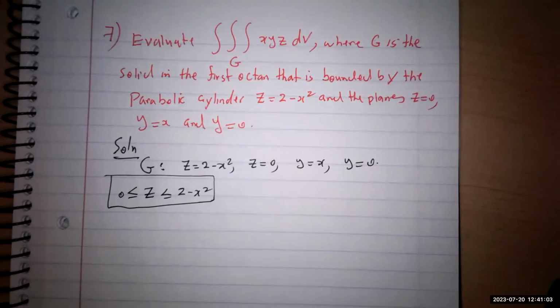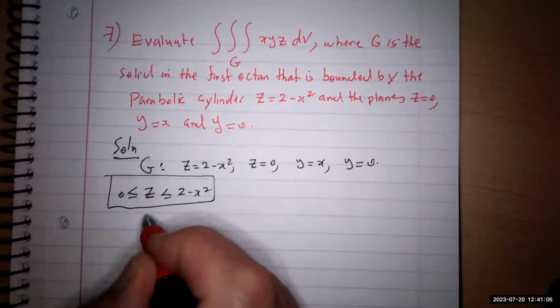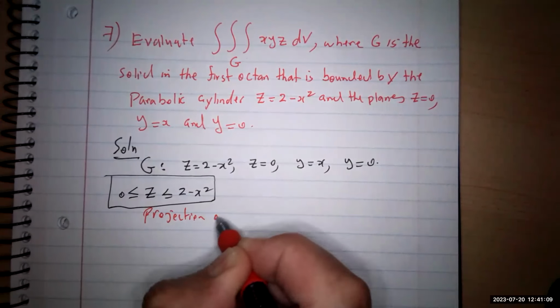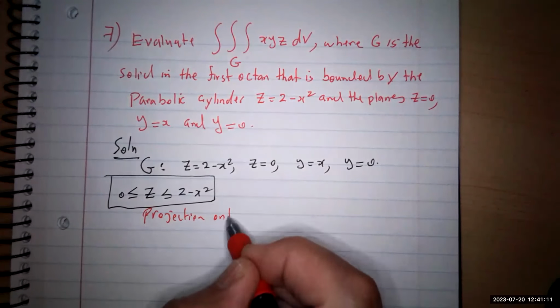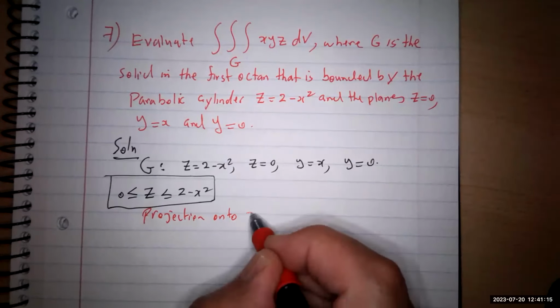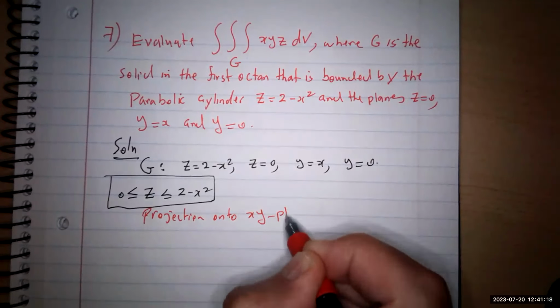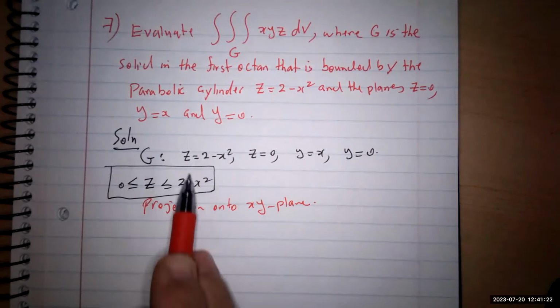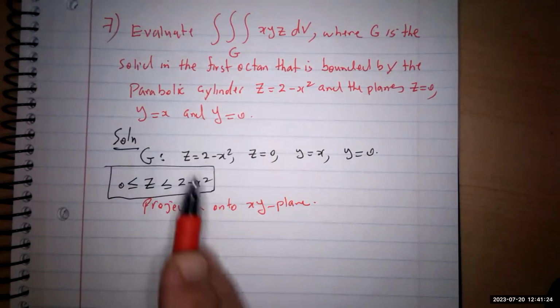Okay, projection onto the two-dimensional XY plane. The number for the Z is 2, so you have to get the cross section.